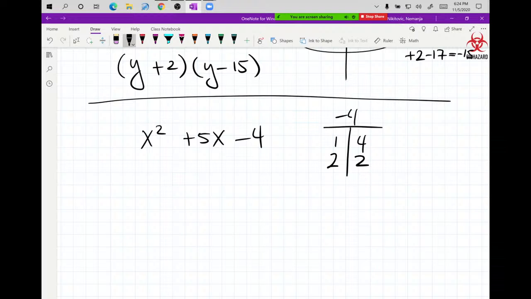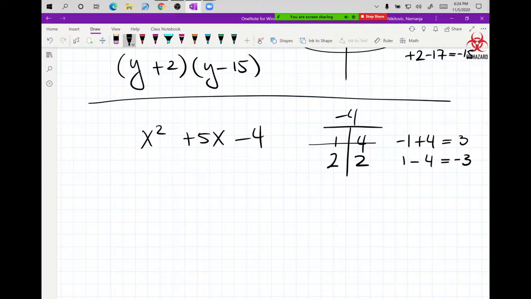I need one to be positive, one to be negative, and I need them to add to positive 5. So if I have negative 1 plus 4, that will add to 3. And if I have 1 minus 4, that will add to negative 3.